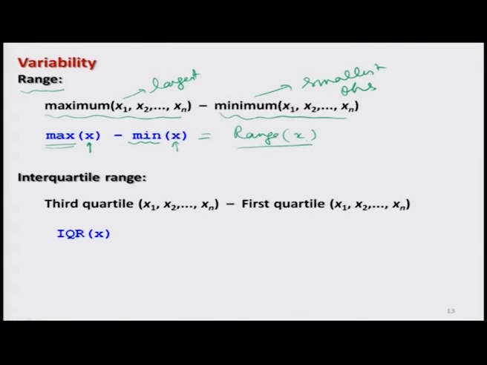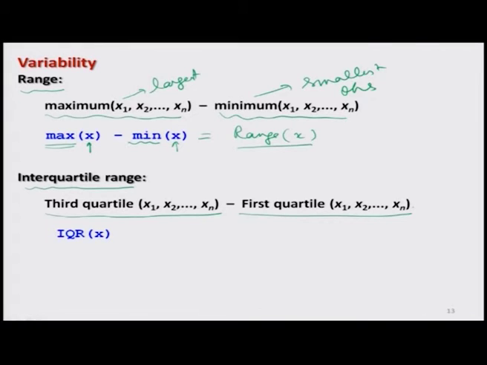Right. The next popular measure is the interquartile range. The interquartile range is simply defined as the difference of the third quartile and the first quartile. We had discussed in the earlier lecture what quartiles are: the entire frequency is divided into 4 equal parts.